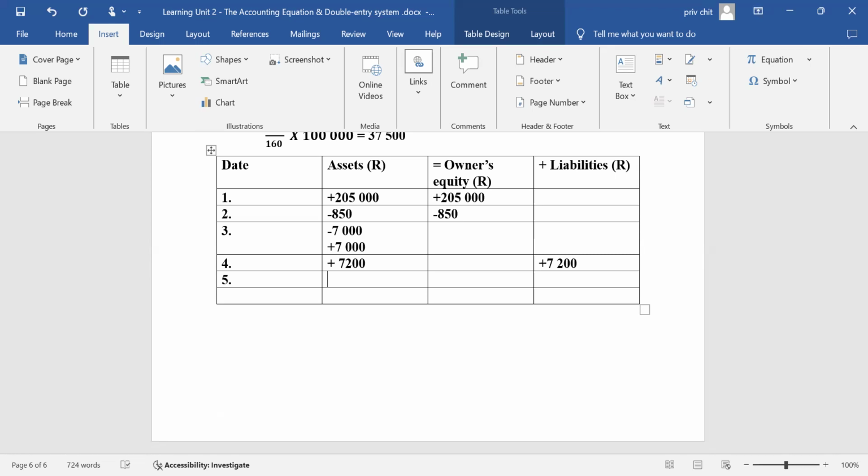We're receiving cash, right? Meaning bank is increasing. So it's going to be plus on assets of 7,950. And then since it's income, what's going to happen to the equity column? What are the income effects on equity?